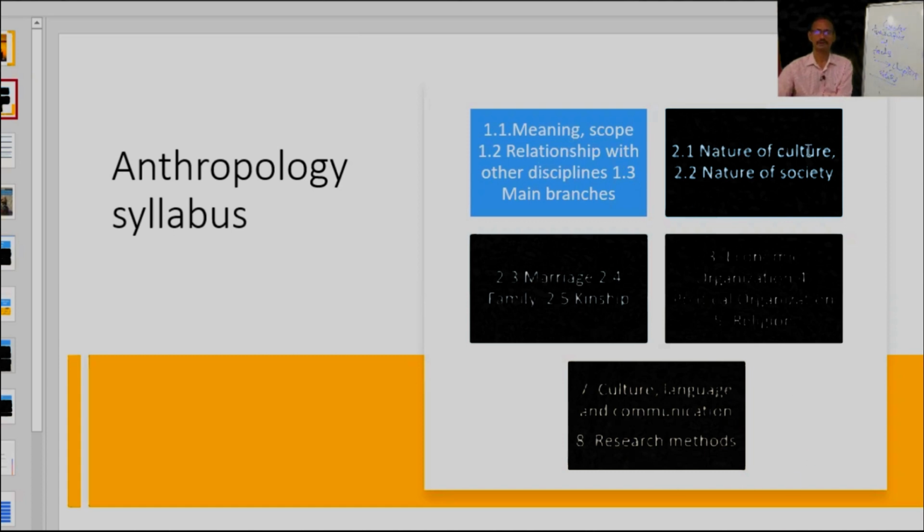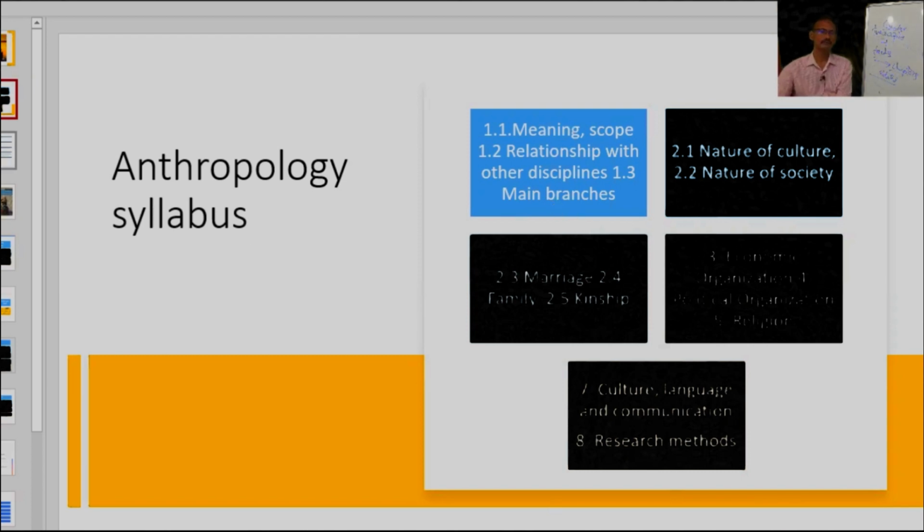So this is one cluster. This is the basics: marriage, family, kinship, economic and political organization, religion, and linguistic and research methods. But a lot of focus is on 2.3, 2.4, 2.5.